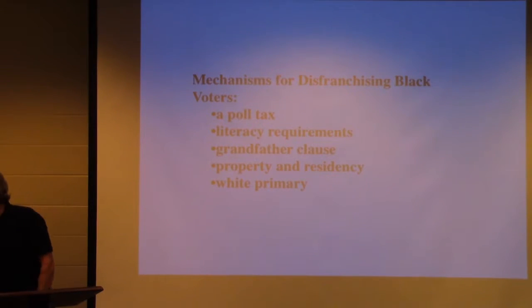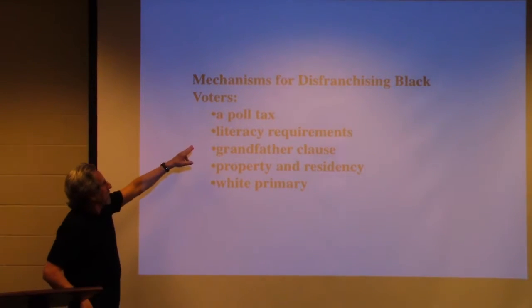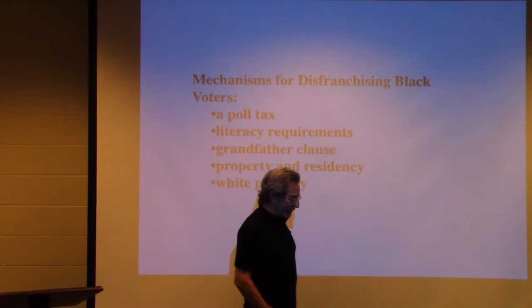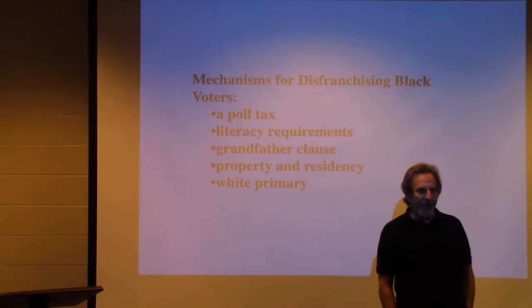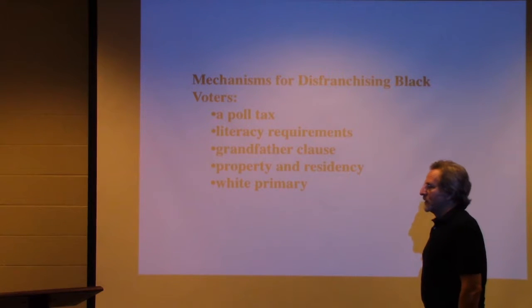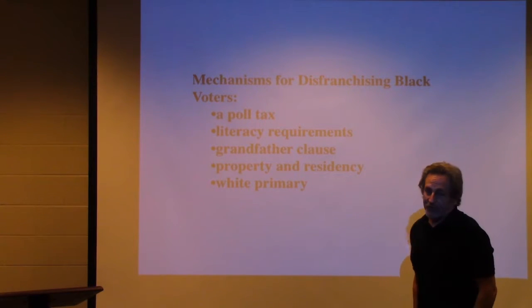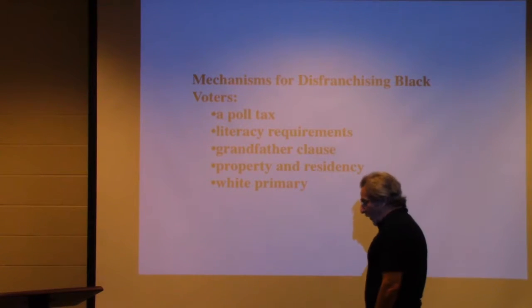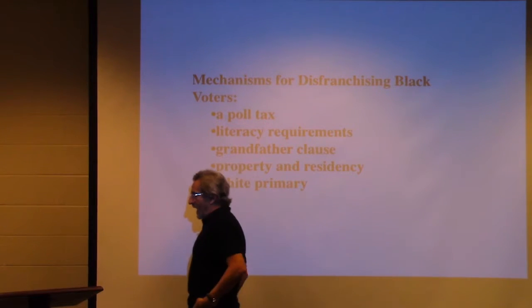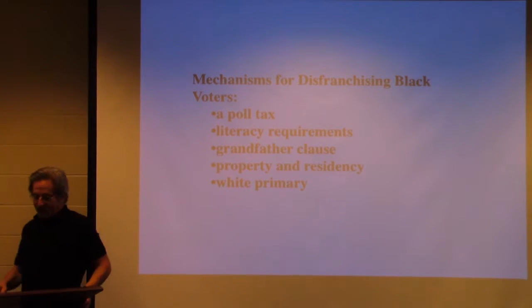So, the mechanisms that were used to disfranchise black voters included what was called a poll tax. Poll tax is, I think it was $1 or something like that. If you want to vote in this election, you've got to pay a tax, $1.